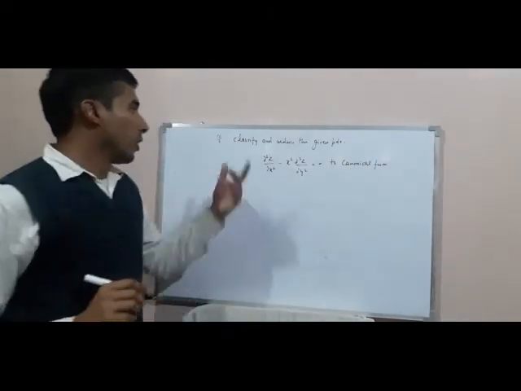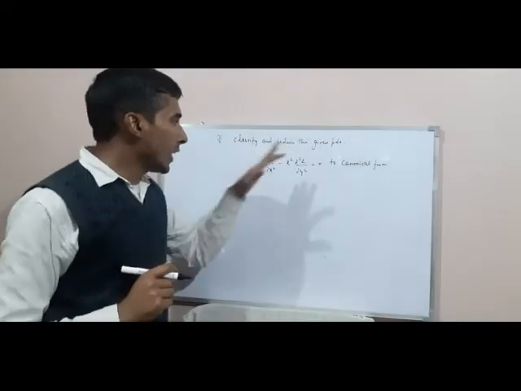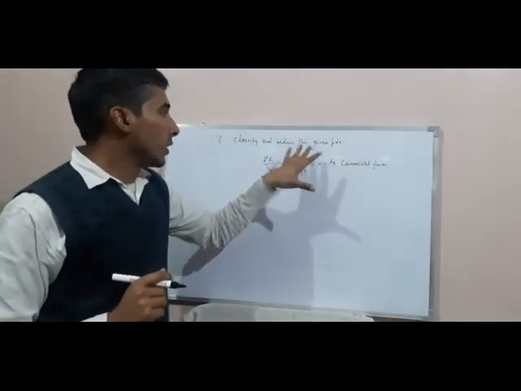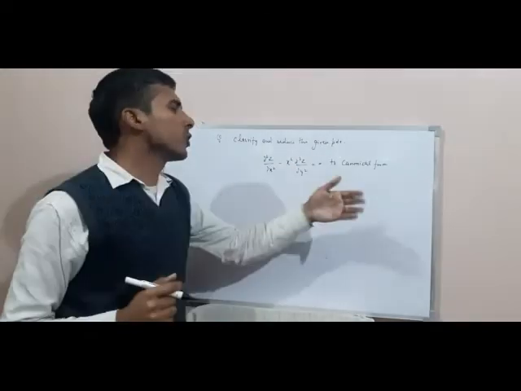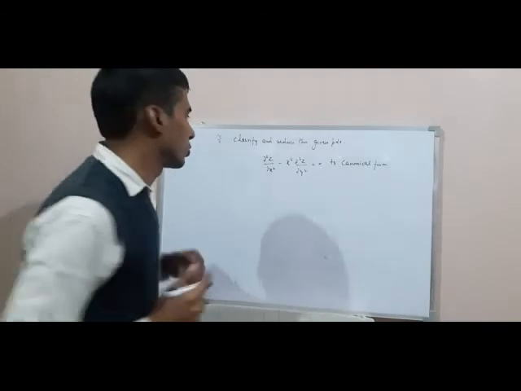First of all, we have to classify this equation, and after that we have to reduce the given partial differential equation into canonical form. Canonical form you may also call normal form.